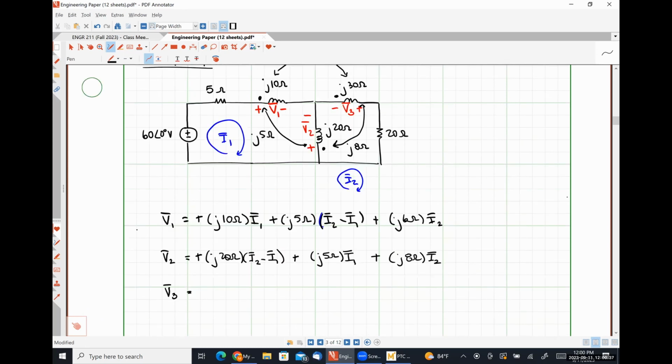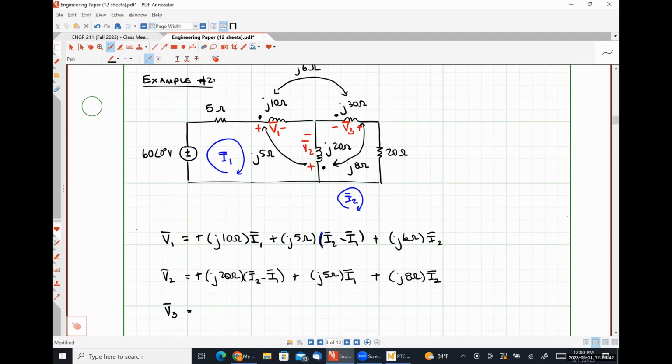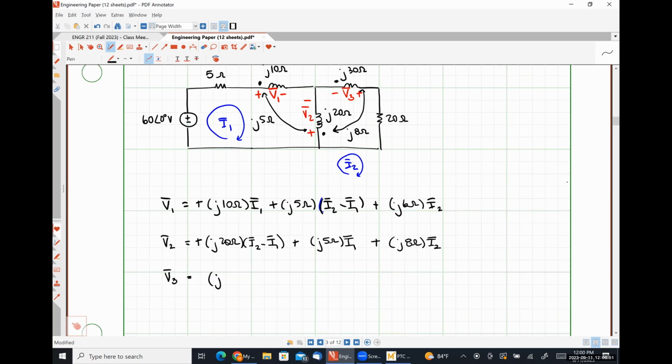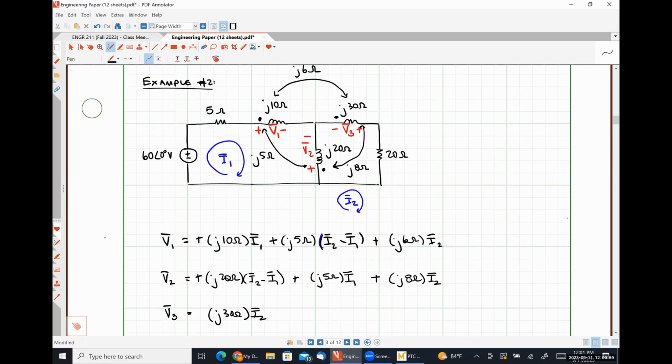Okay, so we're going to be dealing with the j30, and the only current is I2. Here, the positive polarity terminal is at the undotted terminal, and the current is flowing into the dotted terminal, so that's negative.